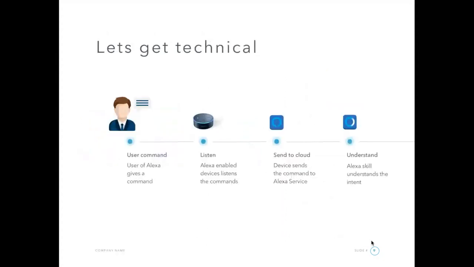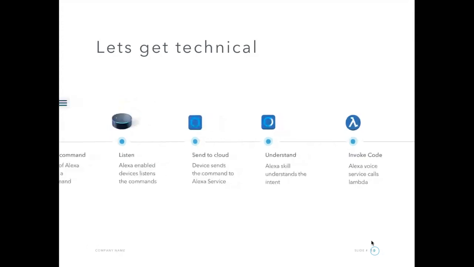So let's get a bit more technical. I just gave you a very high-level overview. Typically a user gives a command, and that command will be heard by the Echo or any Alexa-enabled device, which passes that voice command as an audio file to the cloud.